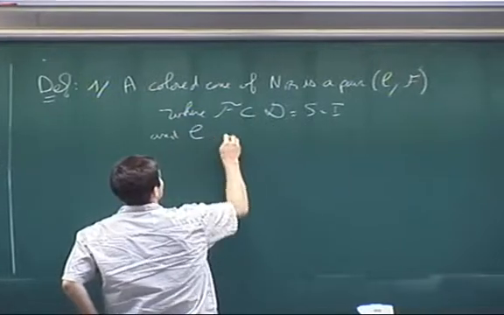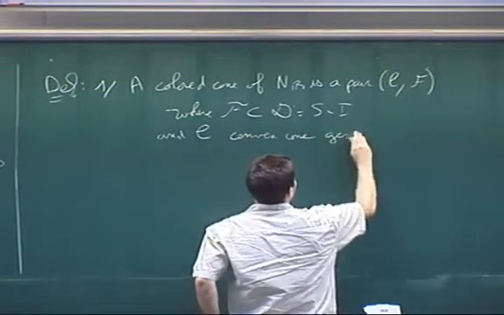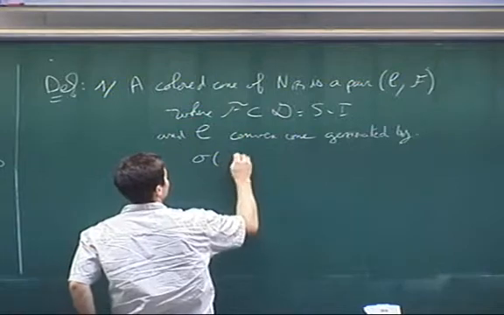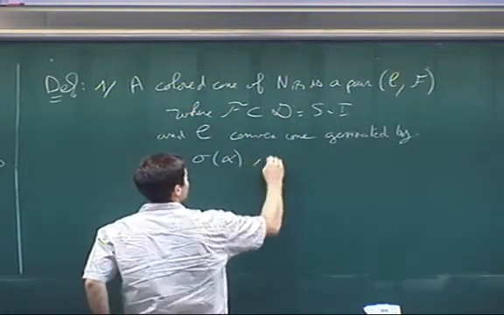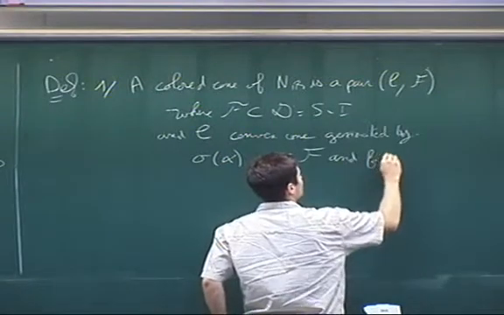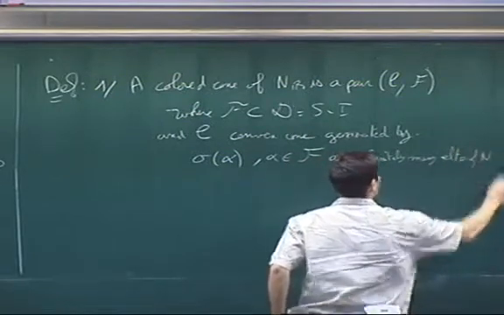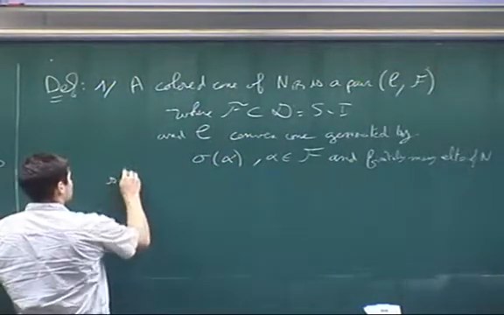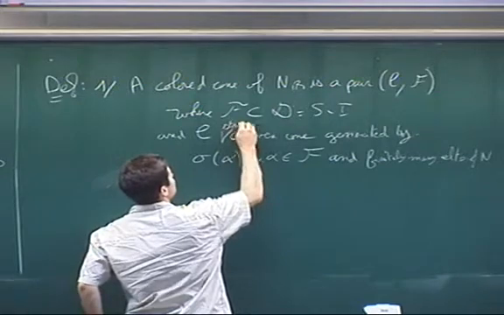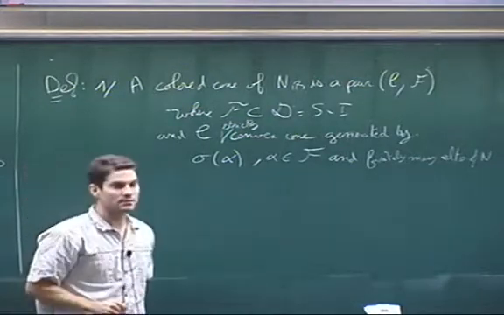And C is a convex cone, generated by the image of sigma of alpha for alpha in F, and finitely many other elements of N. And here we have that C is strictly convex, so it means that it contains no lines.